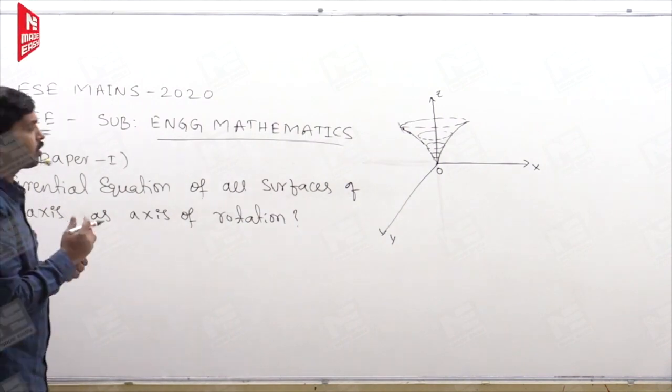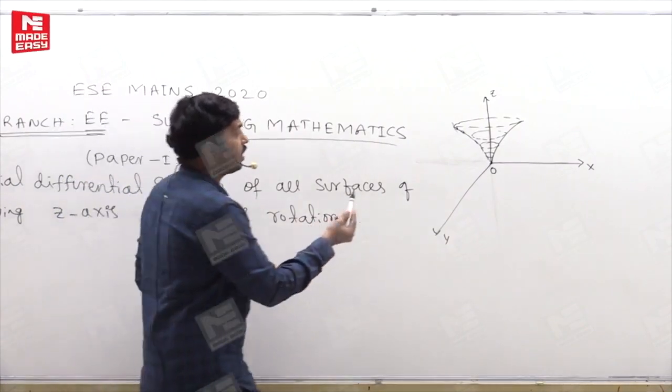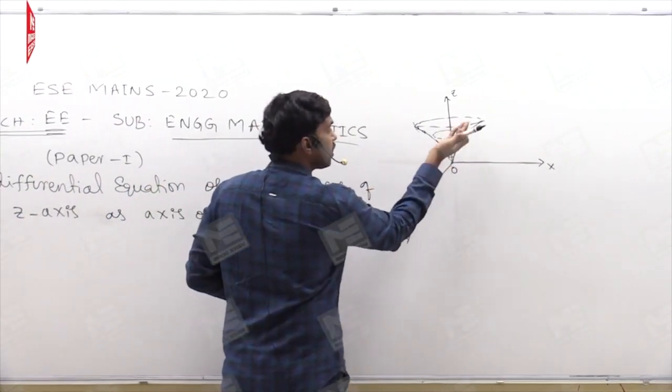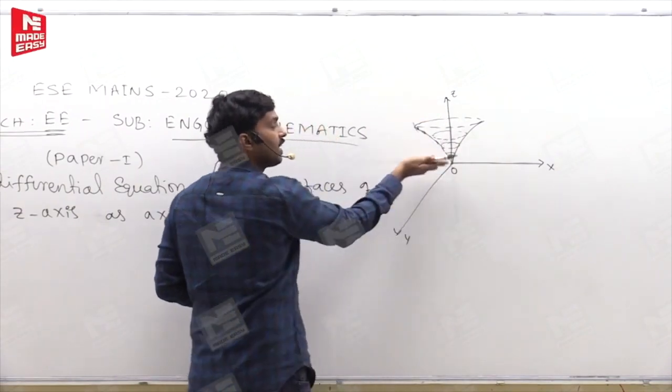First of all, what I wanted to say is that this surface is formed by circles. This is the equation. So this solid is formed by circles along the z-axis.